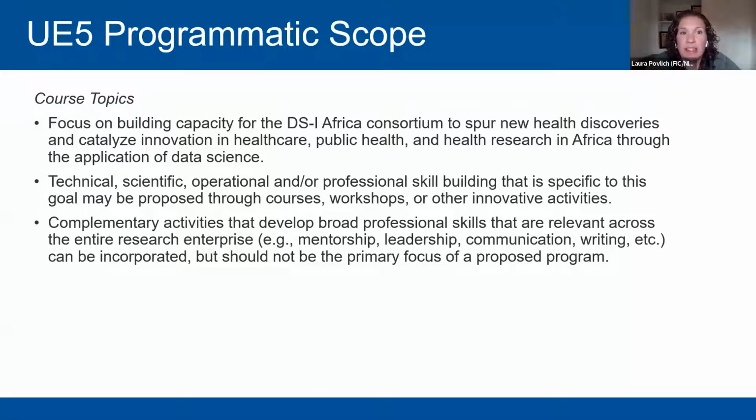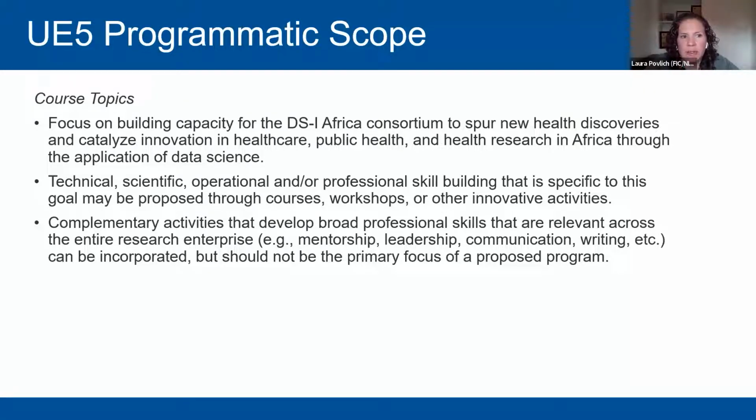Moving on to the programmatic scope of the UE5, the course topics must focus on building capacity for the DSI Africa Consortium to spur new health discoveries and catalyze innovation in healthcare, public health, and health research in Africa through the application of data science. You might recognize that as being the goal of the DSI Africa Consortium as a whole. So essentially, the course topics should focus on building capacity related to the goal of DSI Africa.